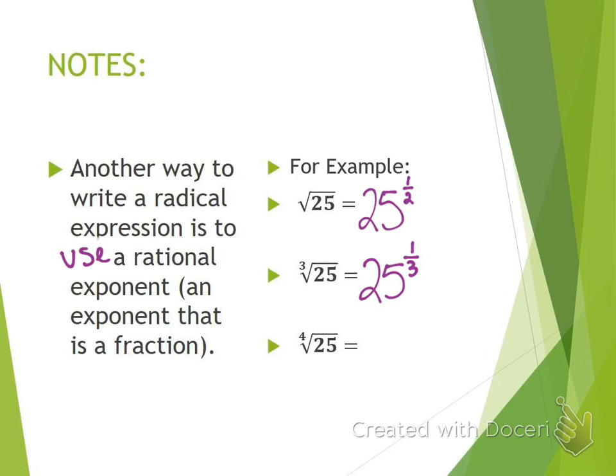And on the last one, what do you think it's going to be? 25 to the 1/4 power. We get this all filled in? Okay, so we can change these instead of having radicals to having rational exponents or fractional exponents.